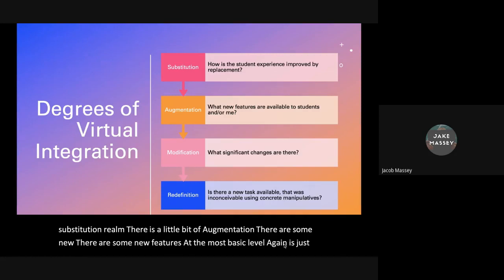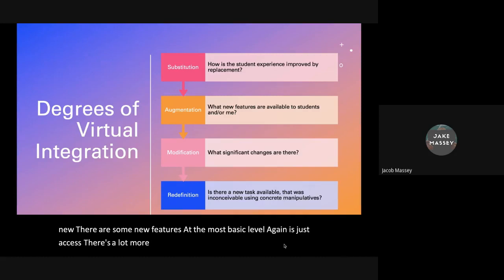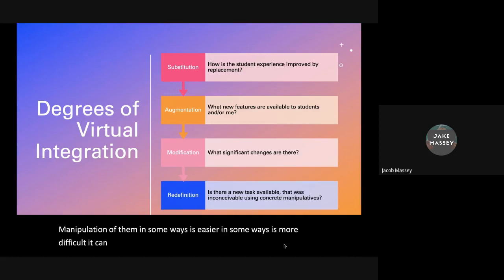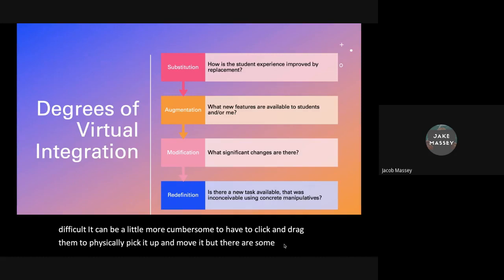We essentially have an infinite amount of algebra tiles. Manipulation of them in some ways is easier, in some ways is more difficult. It can be a little more cumbersome to have to click and drag than to physically pick it up and move it. But there are some features there that, because it's virtual, like the infinite amount of them, make it a little better.